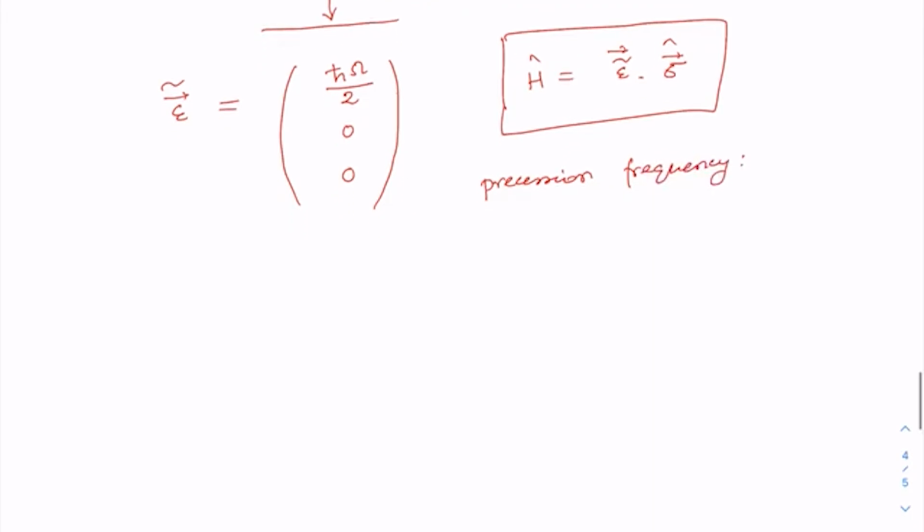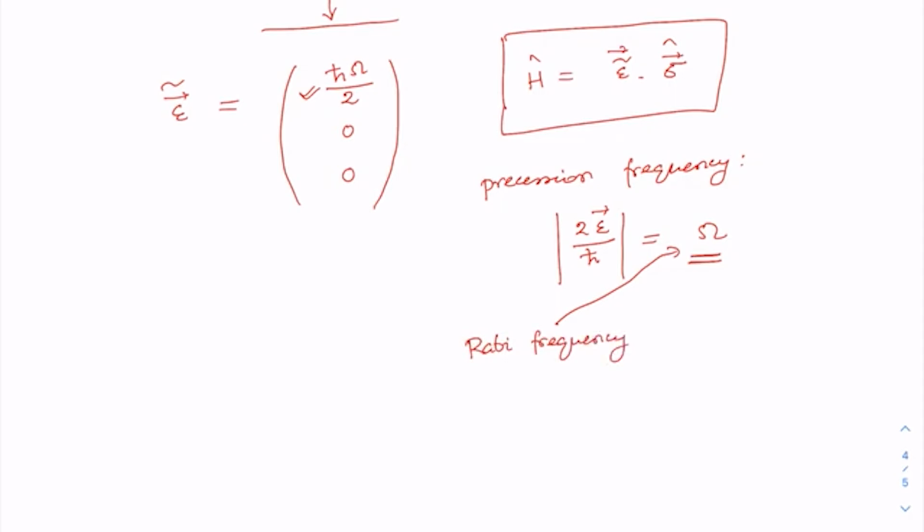The Pauli vector precesses about this epsilon vector with frequency twice mod epsilon by h cross, and because epsilon has only the x component, h cross omega by 2, you can easily see that this precession frequency would be this capital omega, which we termed the driving amplitude, and this is known as the so-called Rabi frequency. This is called the Rabi frequency.